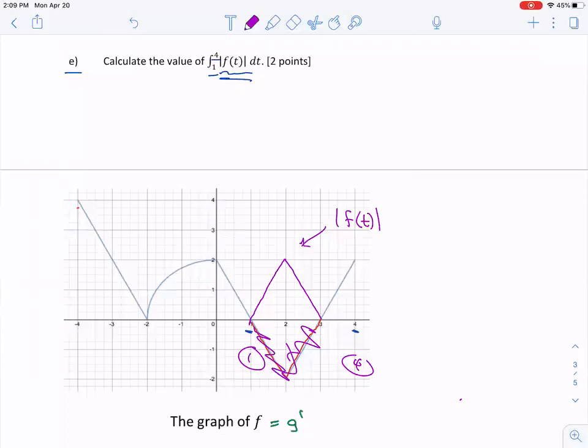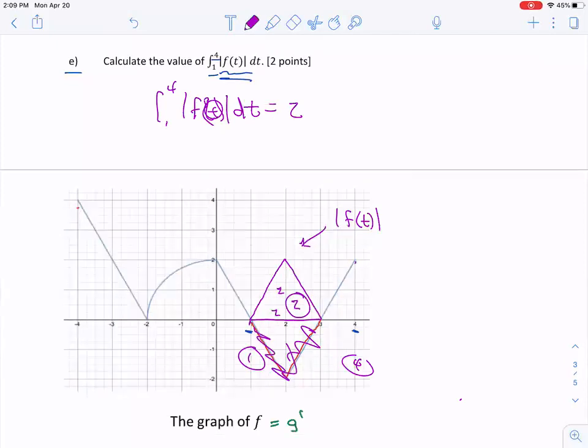Well, now I already established the area of this triangle. That was 2 units by an altitude of 2 units. So 1/2 times 2 times 2 is going to be 2. And I'm going to treat that as +2. Because again, I flipped that because it was the absolute value of f of t.